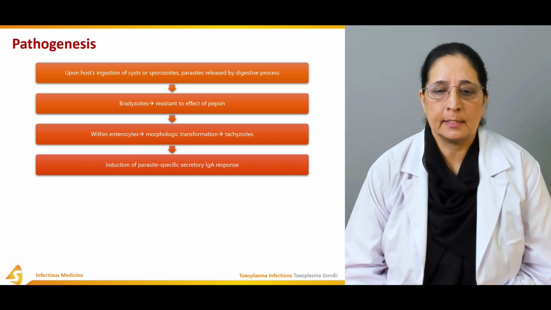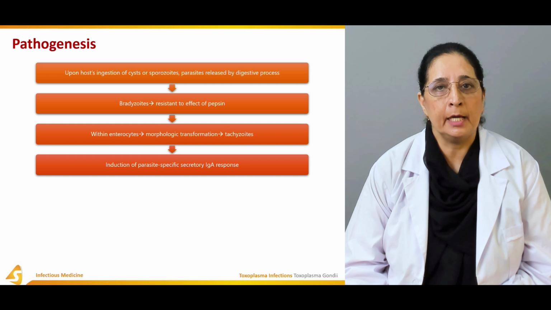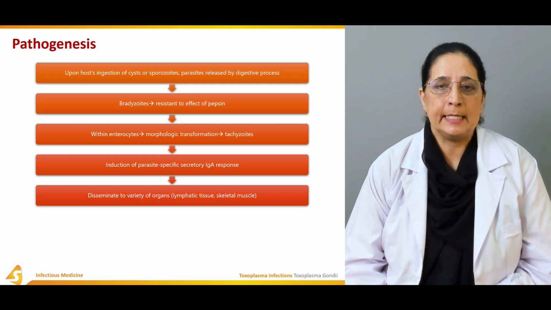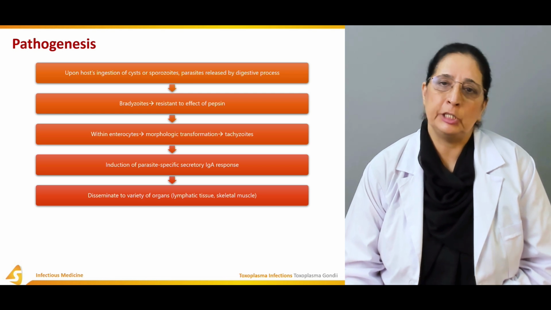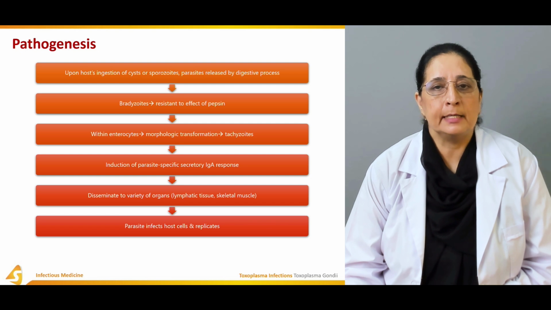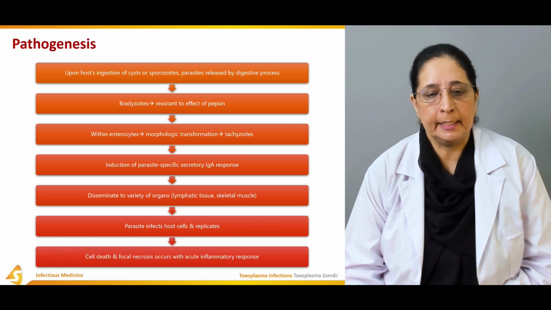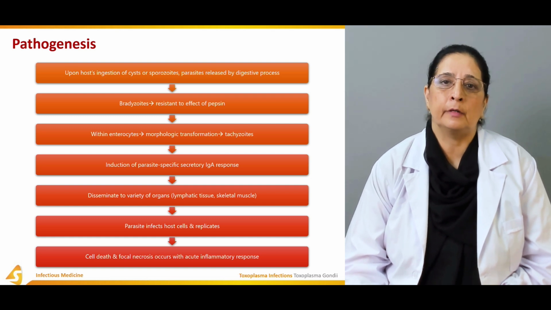Induction of a parasite-specific secretory IgA response. They disseminate to a variety of organs like lymphatic tissues and skeletal muscles. The parasite infects the host cells and replicates. Cell death and necrosis occur with an acute inflammatory response.